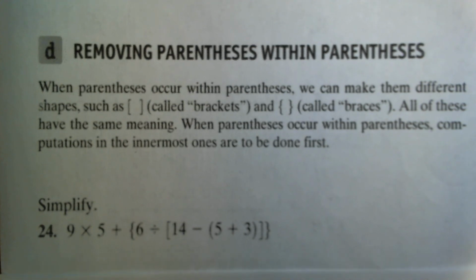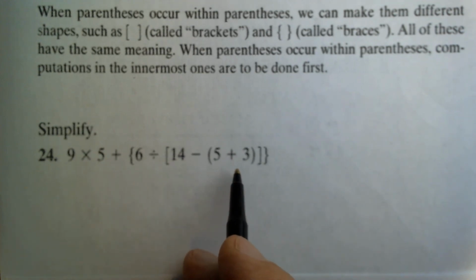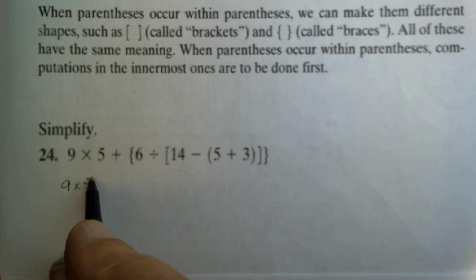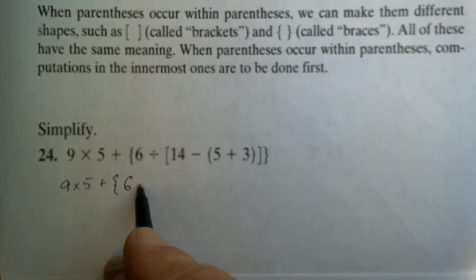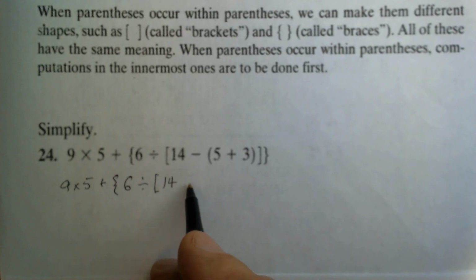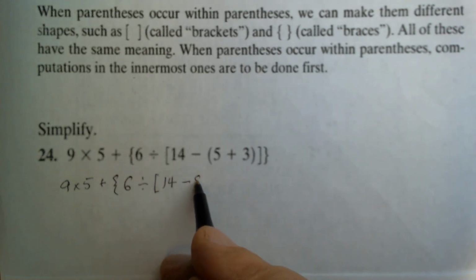So, for example, when we look at number 24, we start on the inside first. In other words, we have 9 times 5 plus 6 divided by 14 minus, and 5 plus 3 is 8.